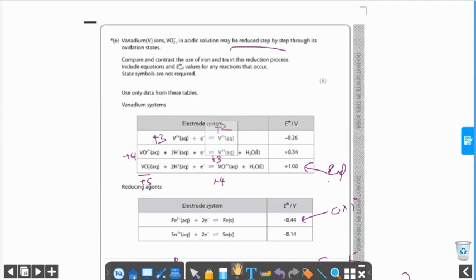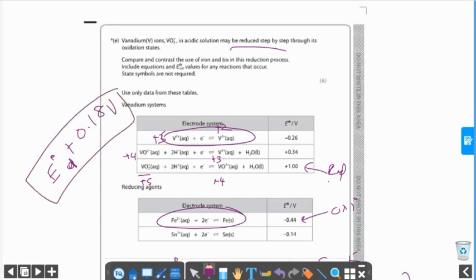So to say iron will reduce vanadium 3 plus to 2 plus, you can construct the overall equation, right? And show the E theta cell value is plus 0.18 volts. And you construct the equation for that, which is vanadium 3 plus and iron giving vanadium 2 plus and Fe2 plus.